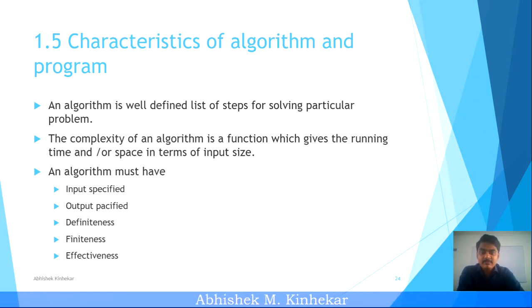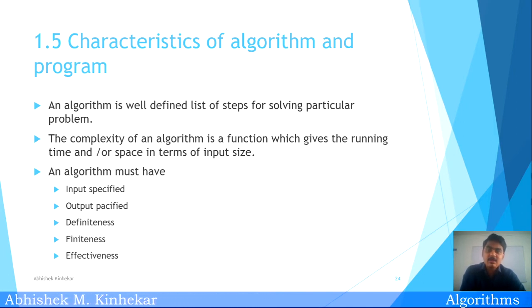What exactly is complexity? The complexity of an algorithm is a function which gives the running time or running space in terms of input size. That means with respect to the input you have given, how much running time or running space it has consumed is called the complexity of an algorithm. And based on the algorithm's complexity, we decide the effectiveness of that algorithm.